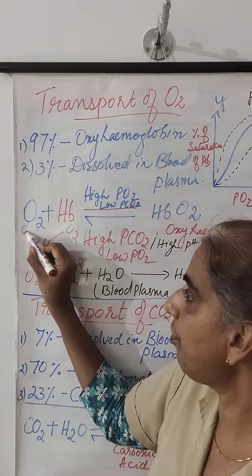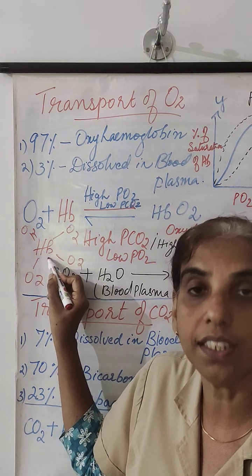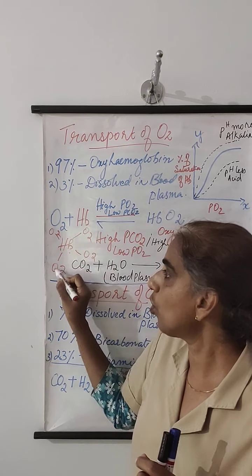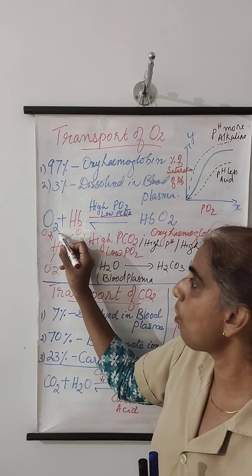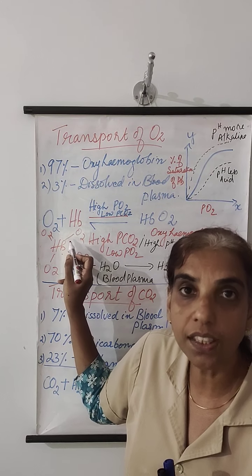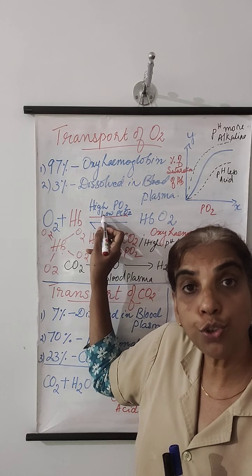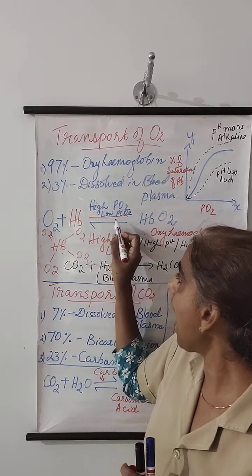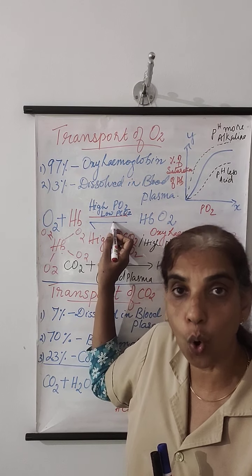So every hemoglobin molecule can be saturated, held by 4 oxygen molecules. This oxygen molecule can combine with hemoglobin when the PO2, partial pressure of oxygen, is high and the partial pressure of carbon dioxide is low.